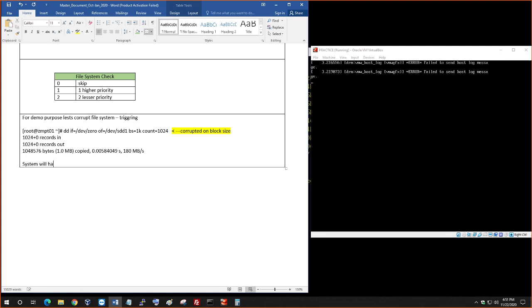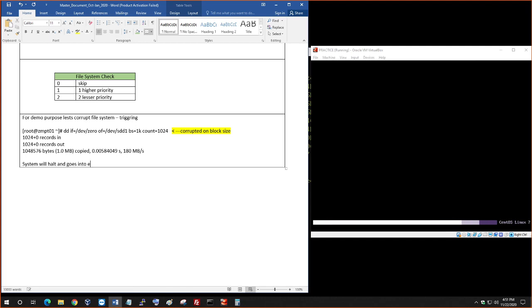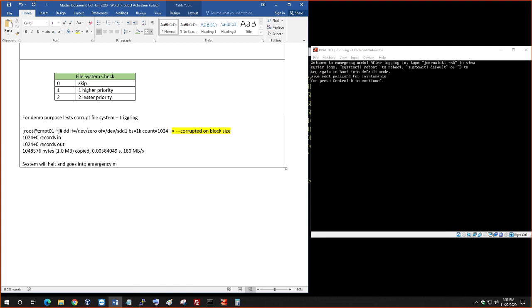System will halt and goes into emergency mode. See, it went into emergency mode.